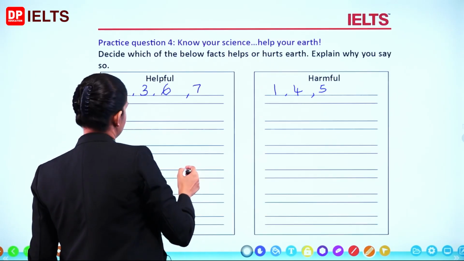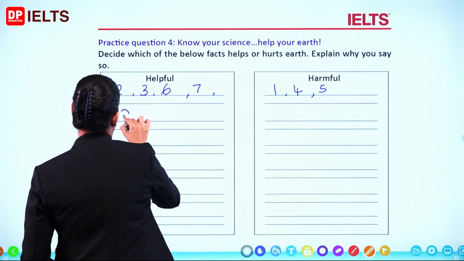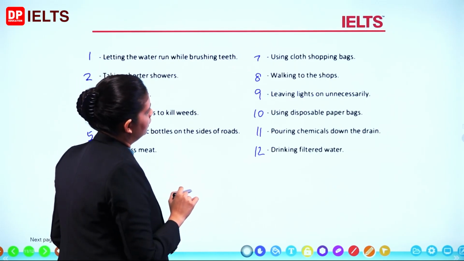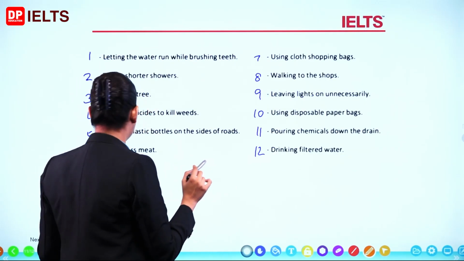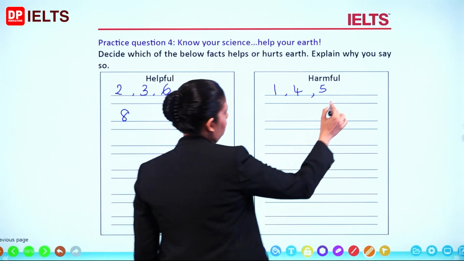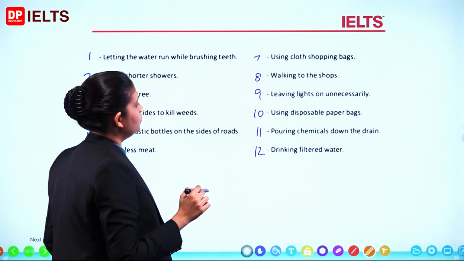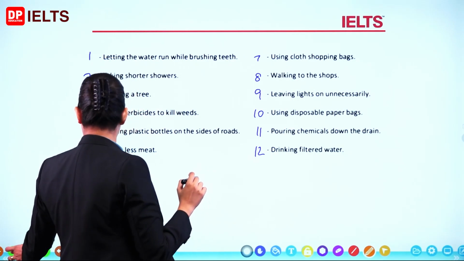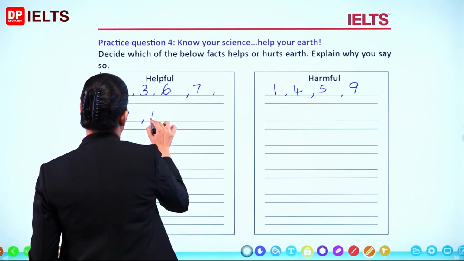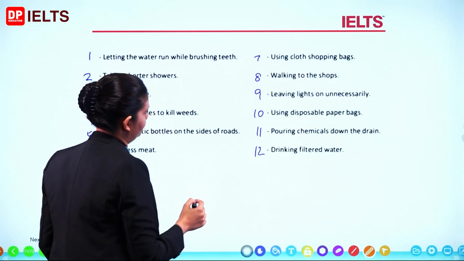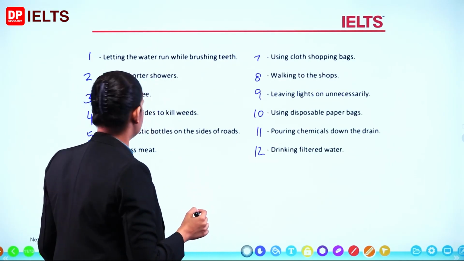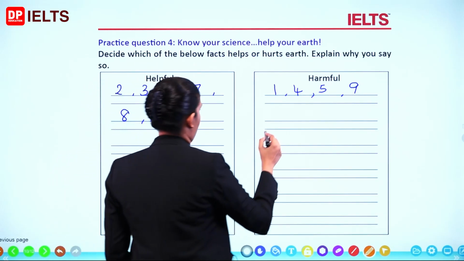Walking to the shops, helpful. Leaving lights on unnecessarily, harmful. Using disposable paper bags, helpful. Paper bags are helpful. Pouring chemicals down the drain, definitely harmful.